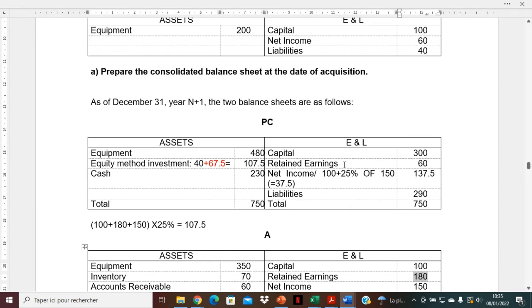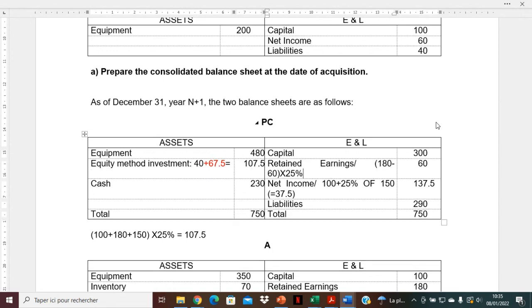That means my retained earnings increased to 180 today, but at the acquisition date, I assume there was already a profit of 60. That means there's a change of 120 in my retained earnings, and I get 25% of those 120. 25% of 120 is 30.